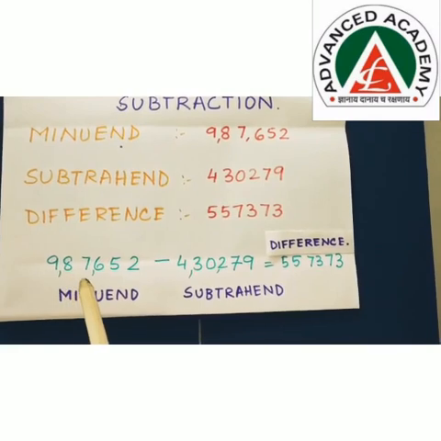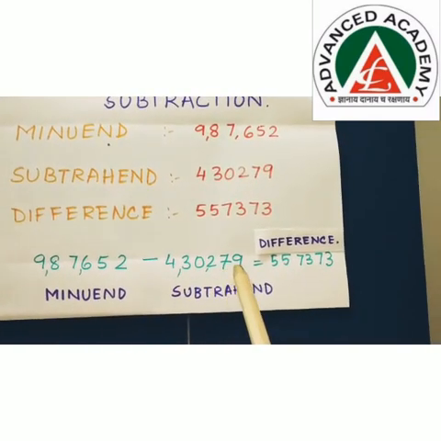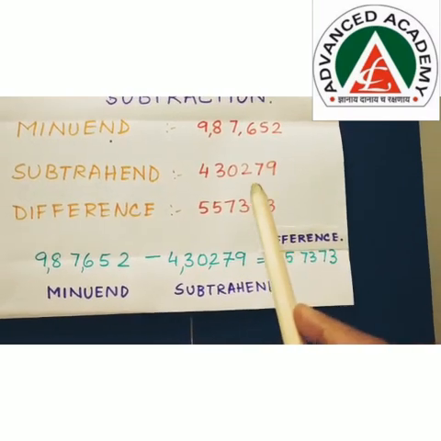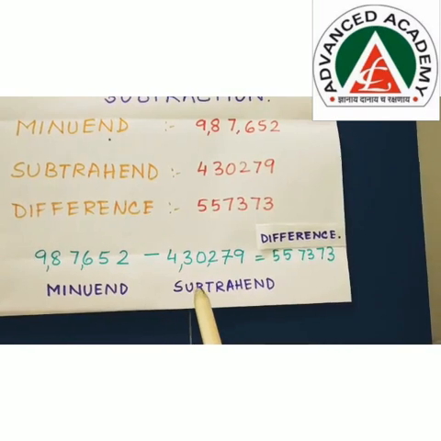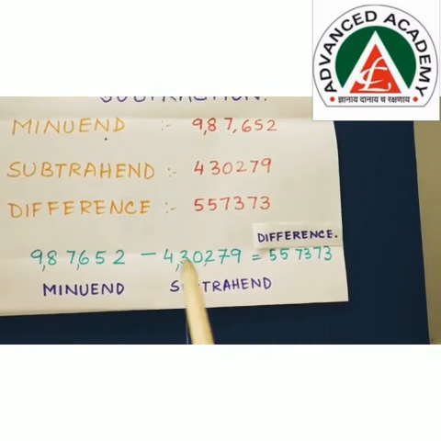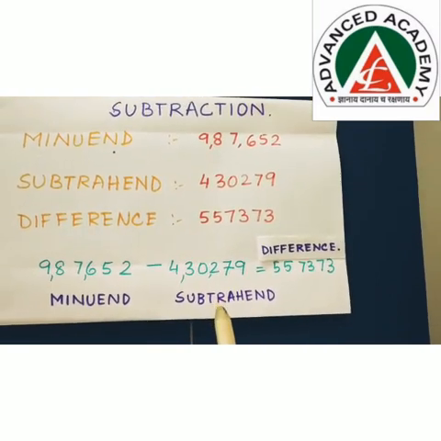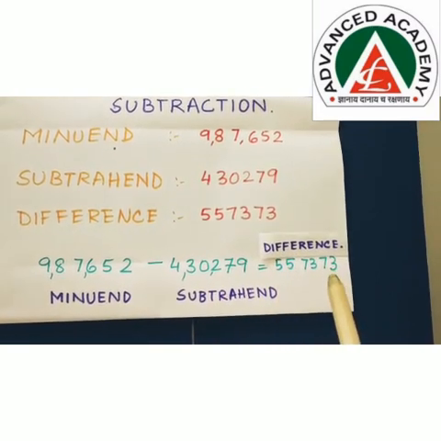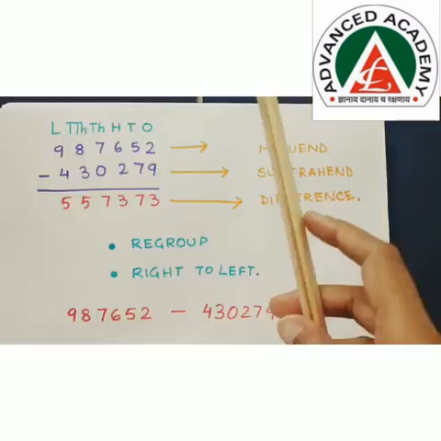It is a bigger number. 4,30,279 is smaller compared to 9 lakhs. So it is subtrahend. And when we subtract these numbers, what do we get? We get the answer which is known as difference.